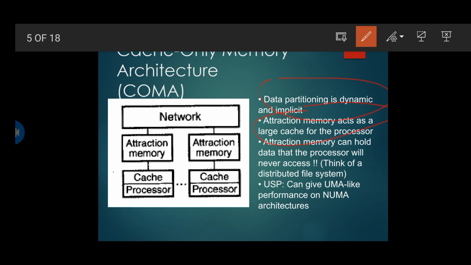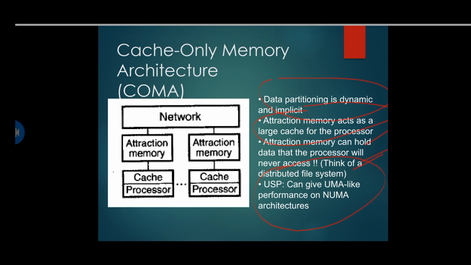Attraction memory acts as a large cache for the processor and can hold data that the processor will never access. Think of a distributed file system. COMA can give UMA-like performance on NUMA architectures, meaning it can give the performance of a unified memory architecture even on non-uniform memory architectures.